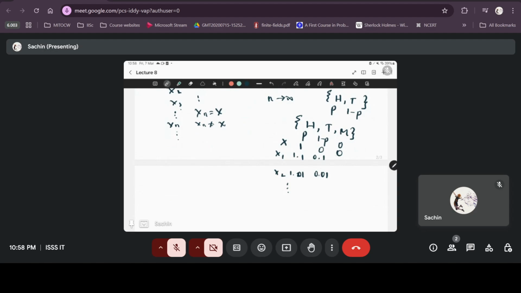Say x1 takes the value 2, this takes the value 3.